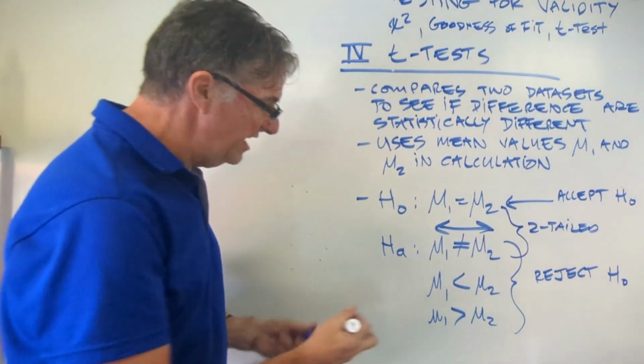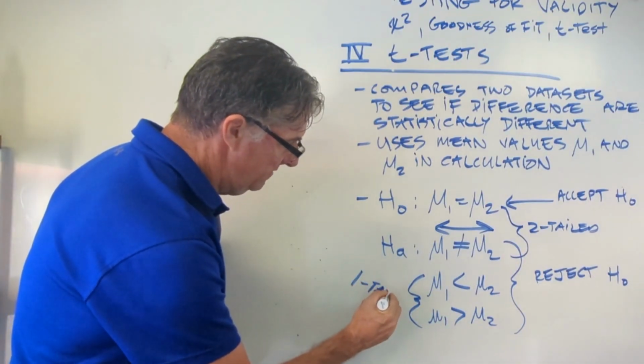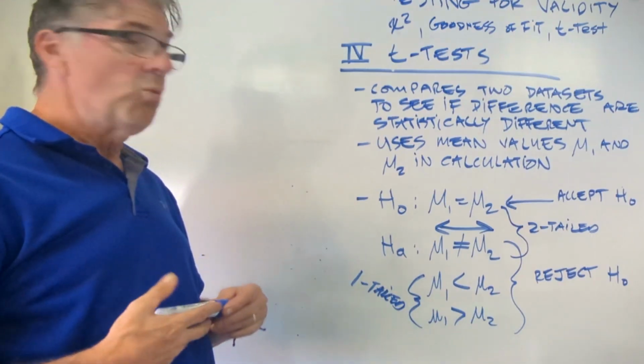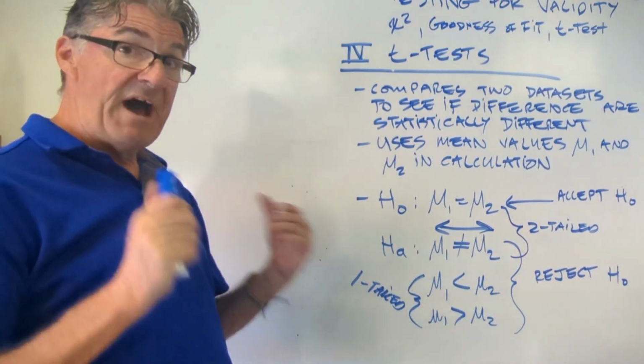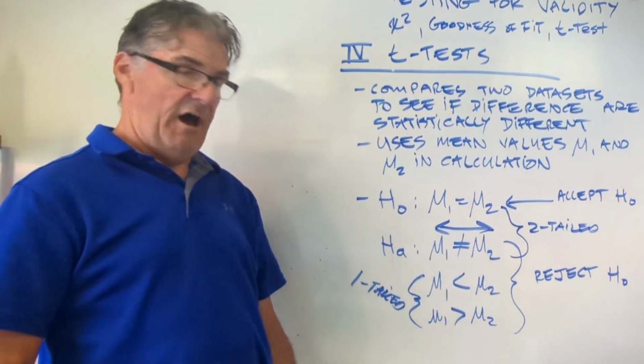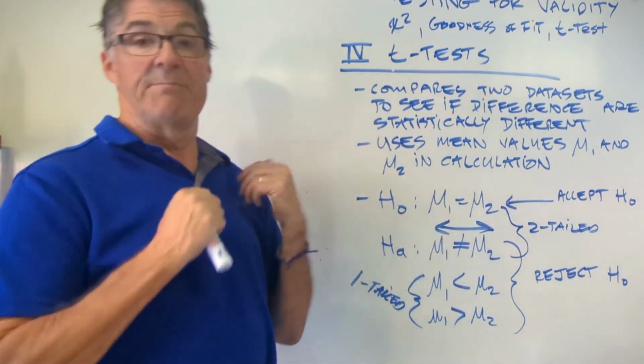Now the one-tailed test would be these guys. These are one-tailed, because we're asking about a direction. So this might be, well, I think my period 2 class is better, and I want to prove that.